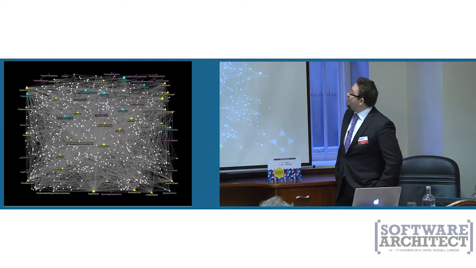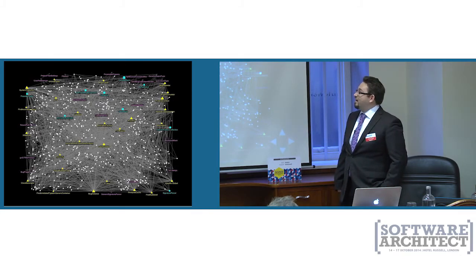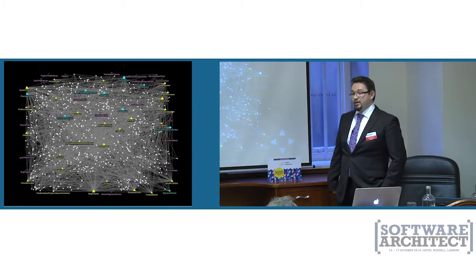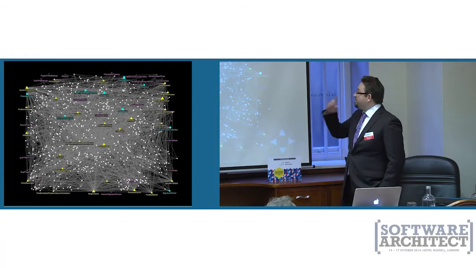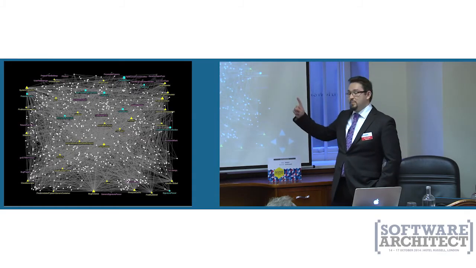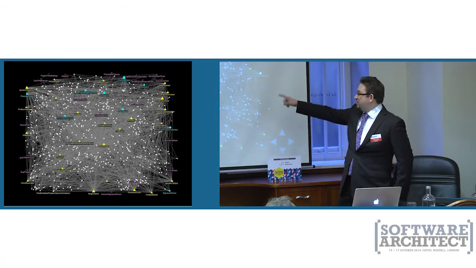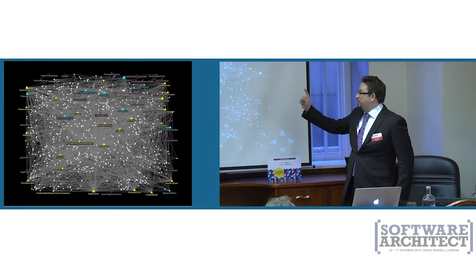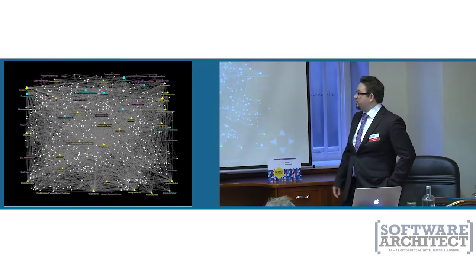Another one. This is a call graph of a popular open source project written in Java. The call graph shows us the dependencies between objects, which are marked with white dots, and the classes, which have the other shapes.